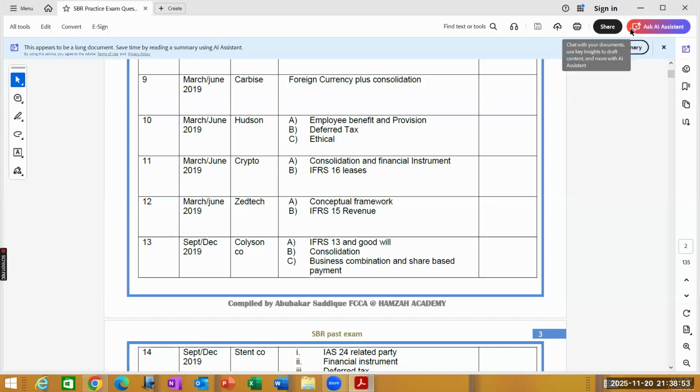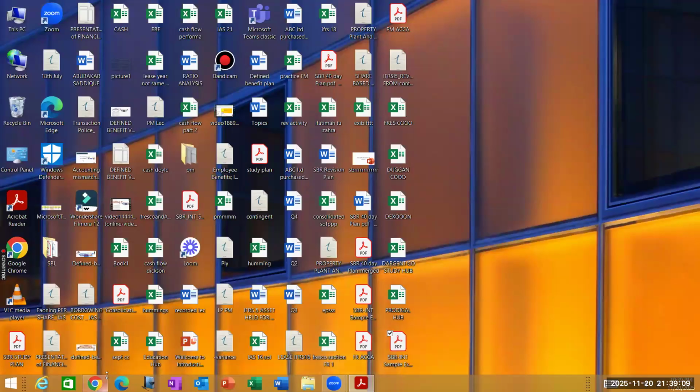So do each and every question from this exam kit. And for question number one, especially the pre-populated spreadsheet question, use the ACCA practice platform for practice purposes.